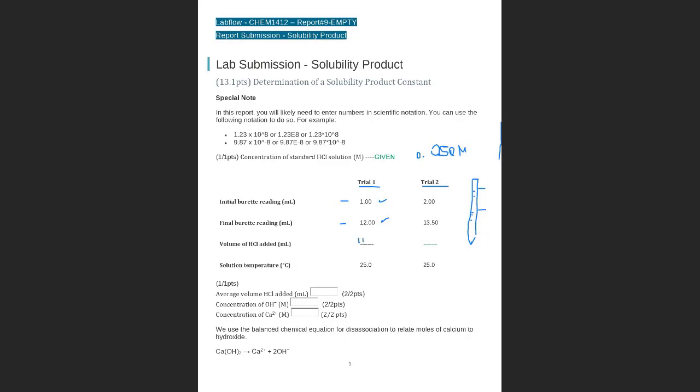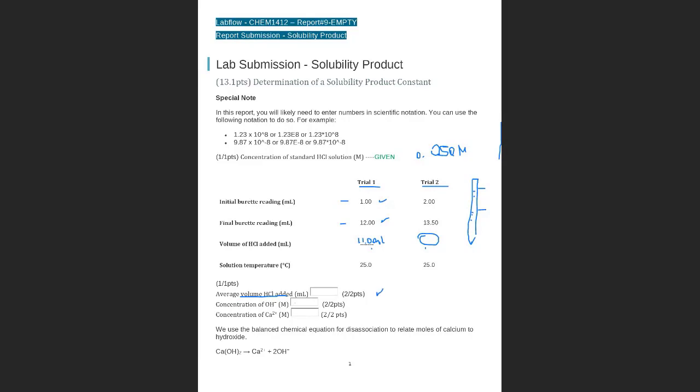So this is easy, it's just final minus initial. You do the same with the second try. They will give you the temperature. And then they ask you for the average volume added. That is easy peasy. Let's say you have another number here. It's this number plus this number divided by 2. Just the average of 2 trials.